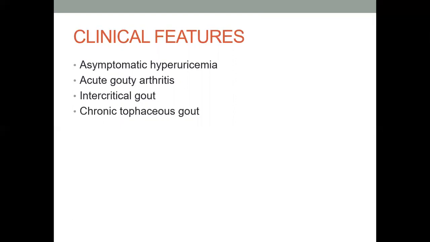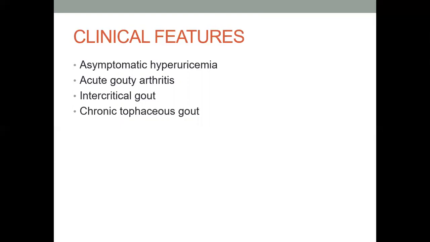Then there is the asymptomatic intercritical period. So acute attacks resolve and lead to a symptom-free interval. But in the absence of appropriate therapy, the attacks recur at shorter intervals.